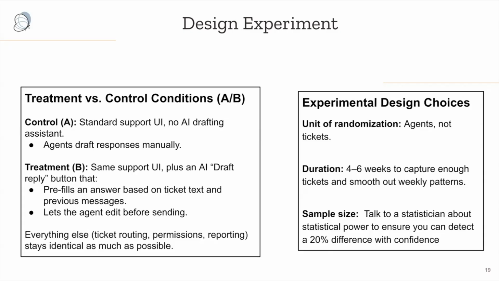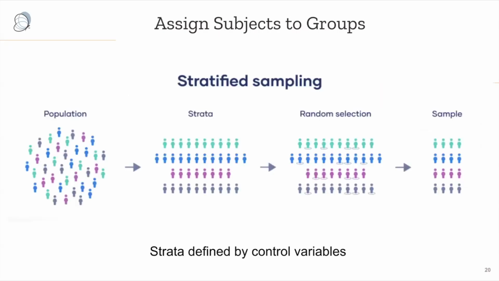Exactly the same thing here. This is an area where talking to an expert about how to choose the number of agents you're measuring is important. We can come back to that in a minute. But if you talk to somebody who knows statistics, ask them about statistical power. That's the key word.